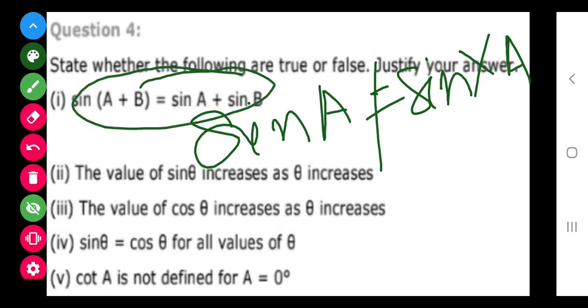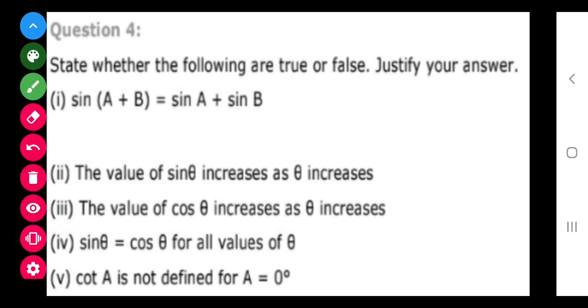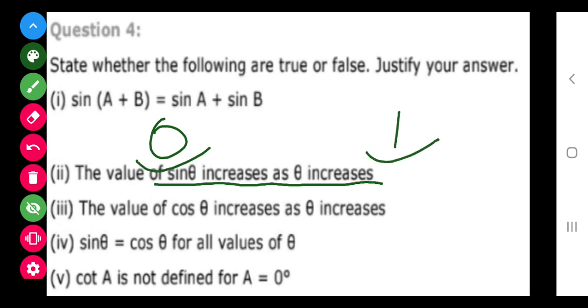So sin(A+B) cannot be sin A plus sin B. Next, the value of sine increases with the increase in the value of theta. Yes, it is true, because if you see the first table that I have told you, it goes from 0 to 1. At sin 0 it is 0 and at sin 90 it is 1, so it is increasing.